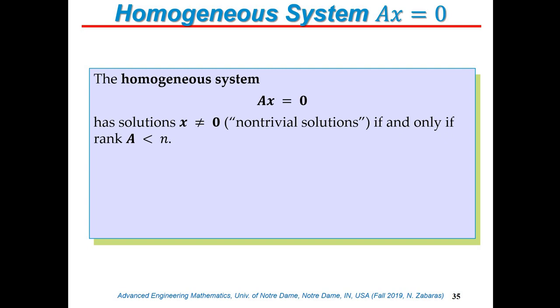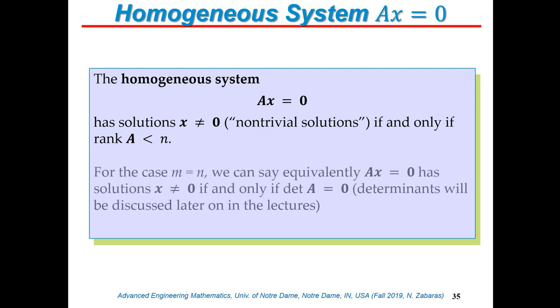And actually, if you want to relate things with concepts of determinants that you have seen in earlier courses in your linear algebra, you can associate a singular matrix with a matrix that has zero determinant. We will come back to the concept of the determinant.